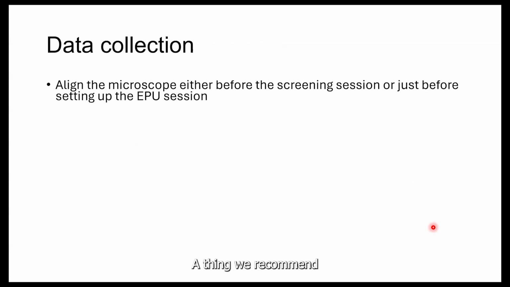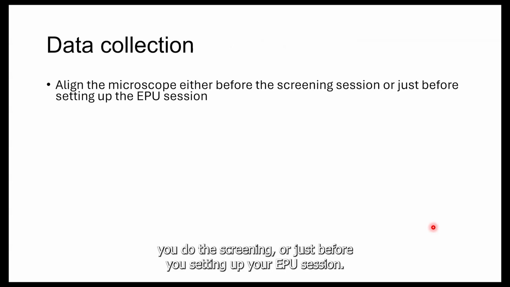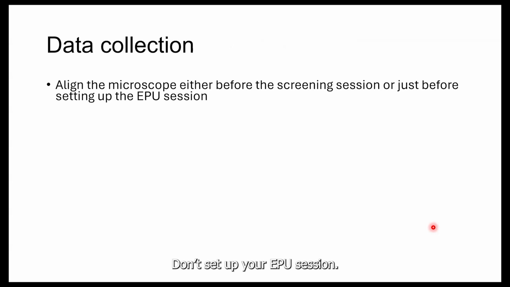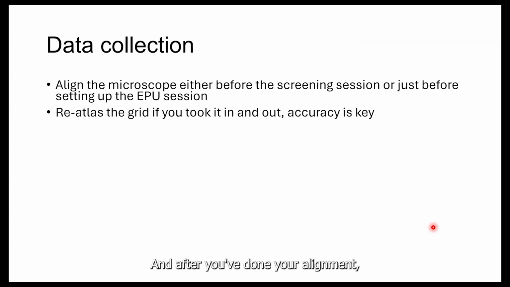A thing we highly recommend is to align the microscope before you do the screening or just before you're setting up your EPU session. Don't set up your EPU session, swap the grid to the carbon grid, align the microscope, swap back to your HexAuFoil grid and start your session. You will lose accuracy. After you've done your alignment, re-atlas the grid you want to look at.